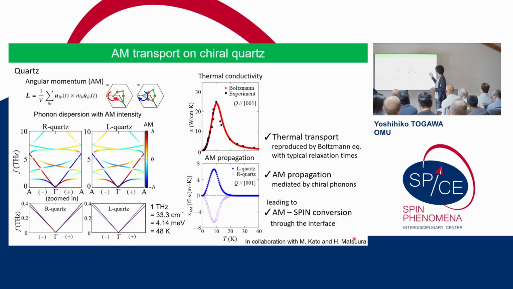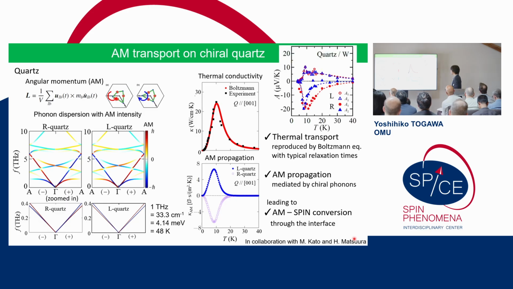Then we can calculate how large an angular momentum can be carried by chiral phonon propagation by using the Boltzmann equation with some assumption of the parameters. So here is a calculation. We can see the angular momentum value carried by the chiral phonon. It shows a peak structure as a function of temperature, and also an apparent handedness dependence. This is exactly what we observe in the experiments.